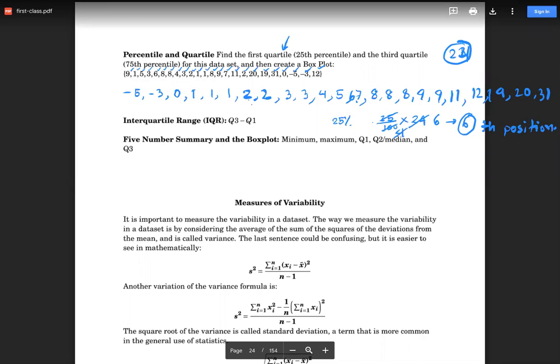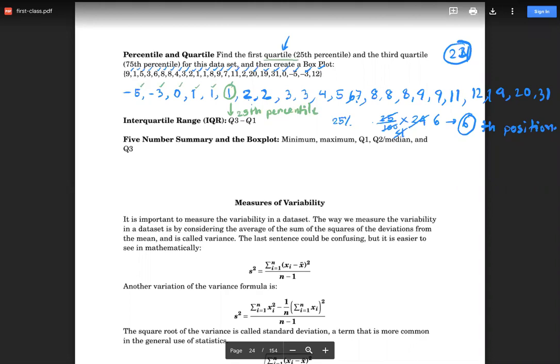So which one is in the 6th position? First position, second position, third position, fourth position, fifth position, sixth position. So that is going to be your 25th percentile data. Now, that's also called first quartile.